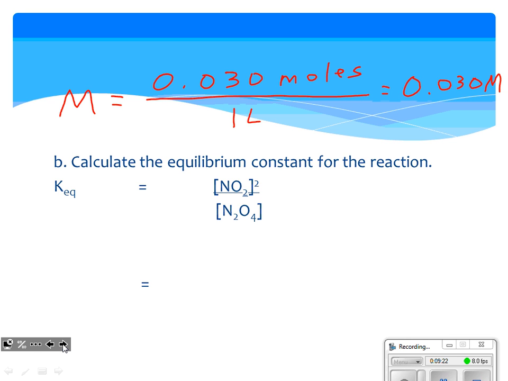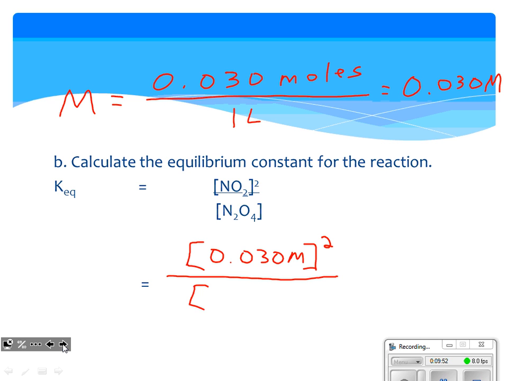So when I bring that down here into my equation, I'm going to have my parentheses, 0.030 molar, and I'm going to put that to the 2 power because I got that from my balanced chemical equation. What is my molarity then for N2O4? Well, it tells me I have 0.0045 moles per 1 liter.